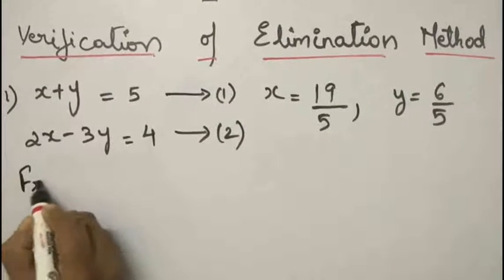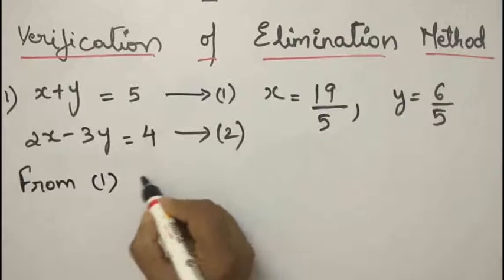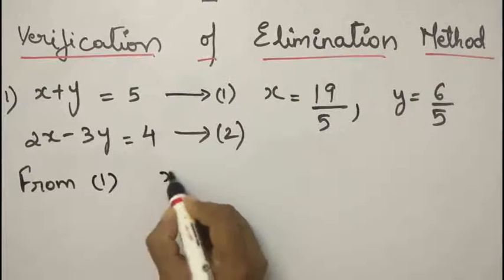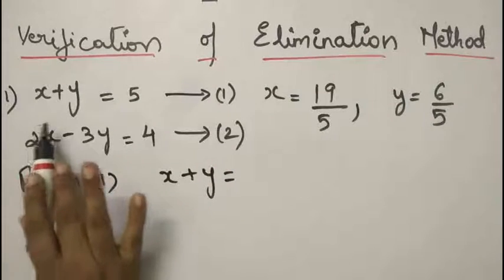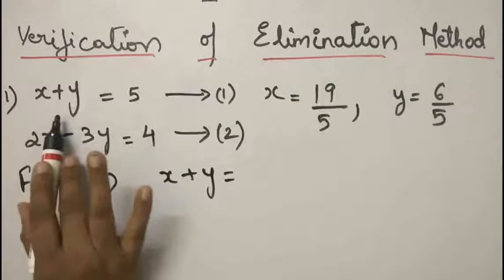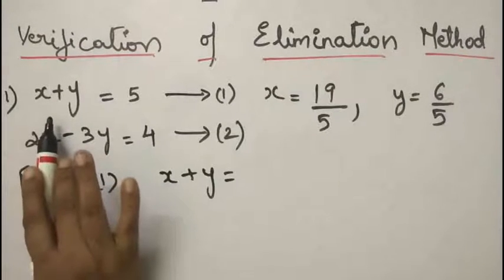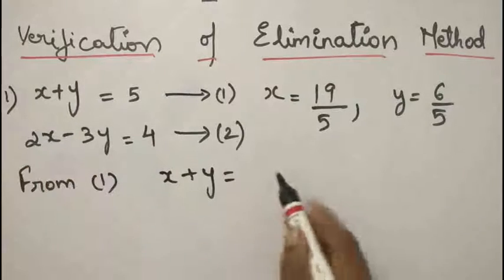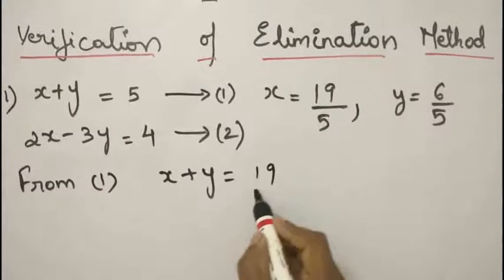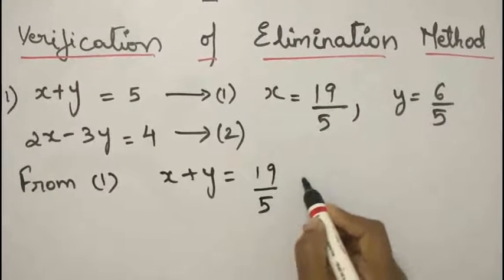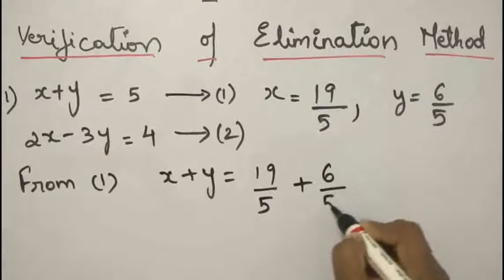Now from 1, we have to take the algebraic expression on the LHS, x plus y, and substitute the values of x and y. In place of x, substitute 19 by 5 and in place of y, substitute 6 by 5.